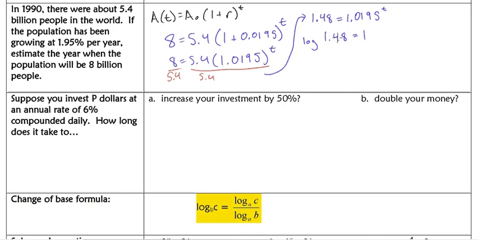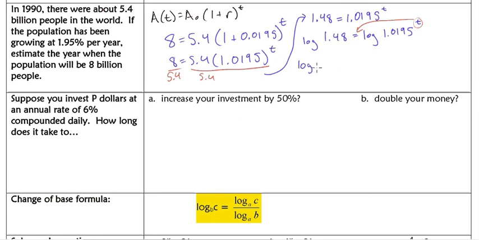And as long as you take the log of the same base of both sides, it'll still be equal. So log base 10 of 1.0195 to the t power. And we've learned, hey, if I have this exponent here, I can bring it down out front. So let me rewrite this line.